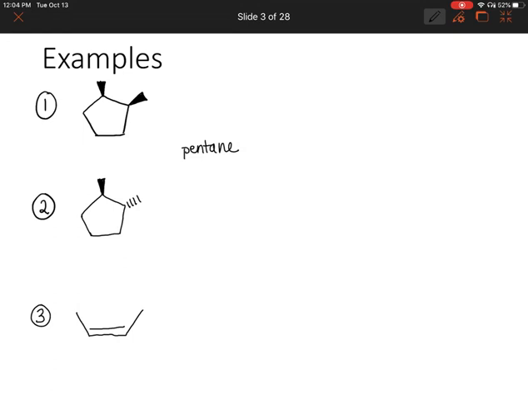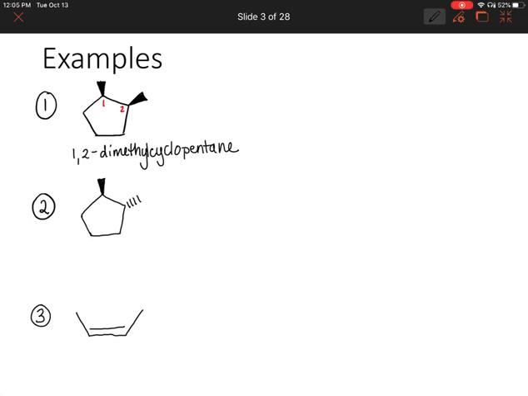But it's in a ring, so we add cyclo in front of it. And then our substituents are both methyl groups. And remember, we want to make sure that our substituents have the lowest numbers possible. So we would number these 1 and 2. So this would be 1,2-dimethyl cyclopentane.